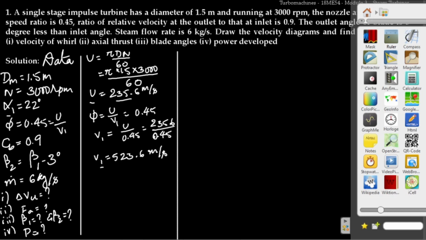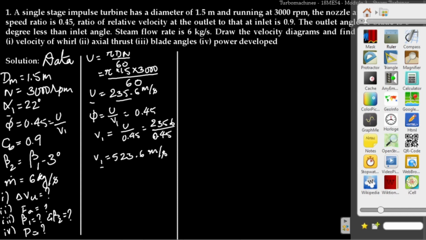So I'll choose a scale in such a way that, since we will be using a smaller ruler in our examinations of 15 centimeters in length, the length of V1 comes around 10 centimeter. So it will be convenient for us to draw the velocity triangle on the sheet.